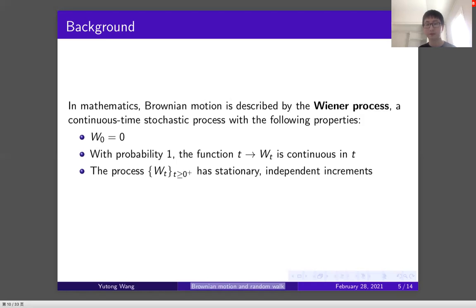When t is not greater than 0, it's meaningless. For every t greater than 0, it has stationary independent increments. This means, for example, W1 and W2 are independent of each other.